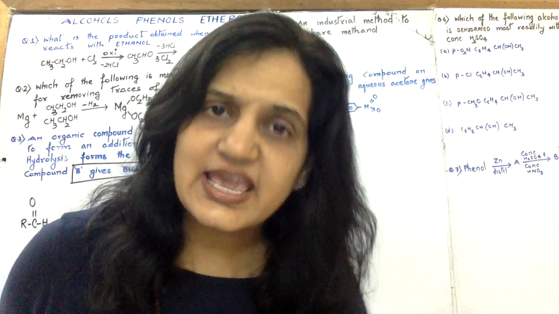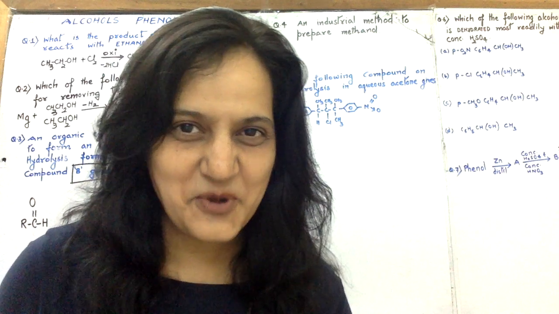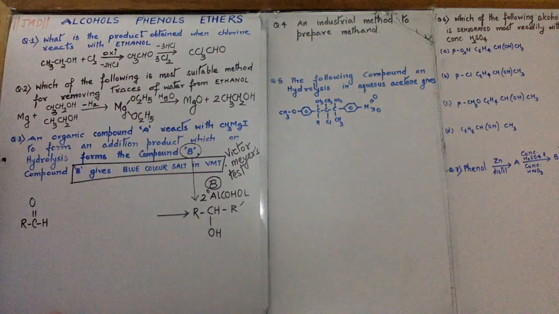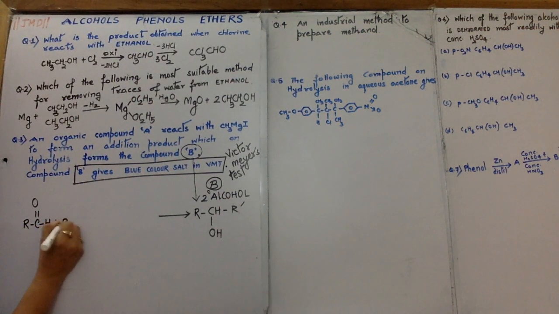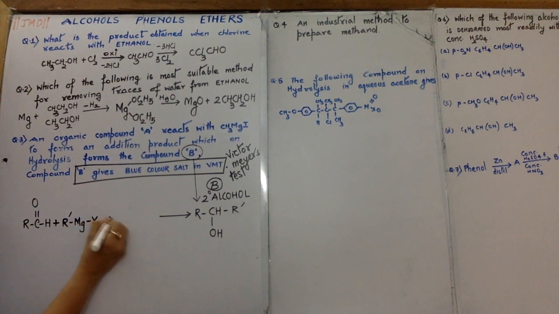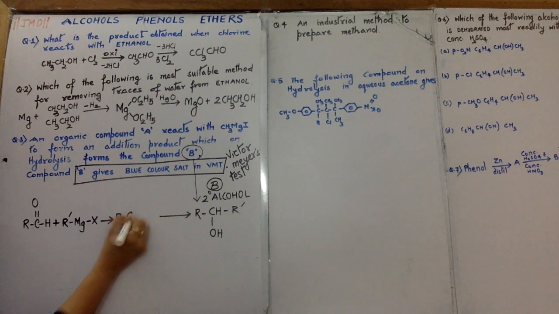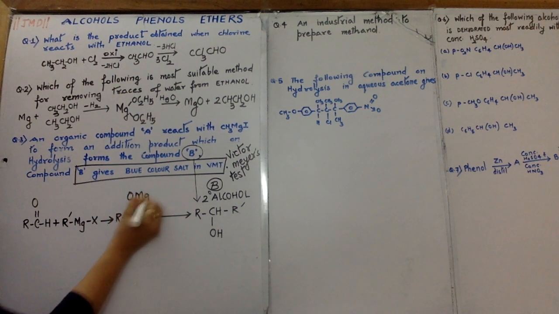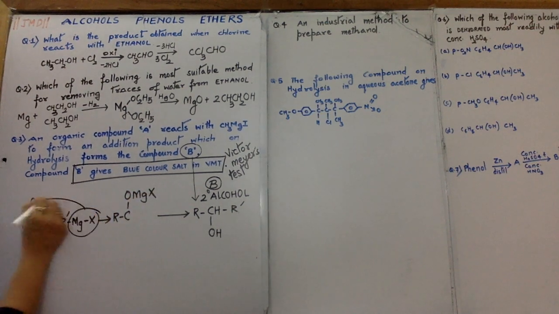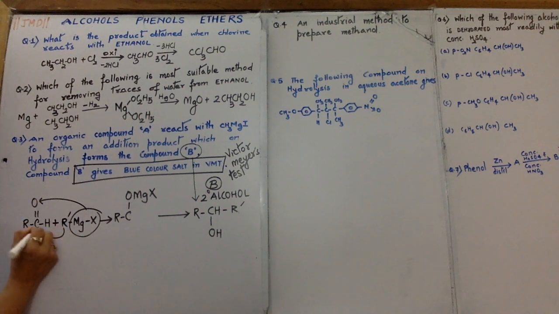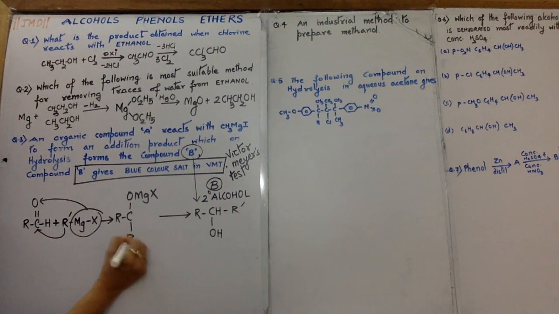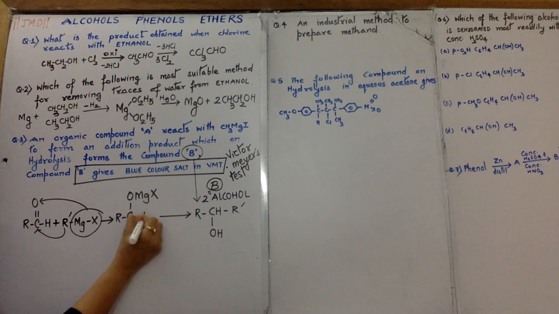So I have to take any aldehyde other than formaldehyde. So I took any higher aldehyde, treated with Grignard's reagent RMgX, and I get an addition product which is RCHO. Here MgX gets added and here R gets added, R dash, and here H.